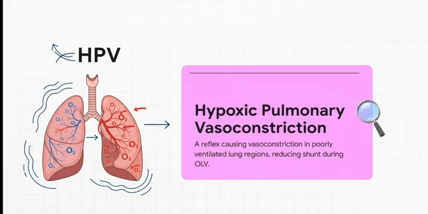This is a unique and absolutely vital physiological reflex where the pulmonary arterioles constrict when they sense alveolar hypoxia. During one-lung ventilation, HPV in that collapsed, non-ventilated lung shunts blood flow over to the dependent ventilated lung. This actively reduces the shunt fraction and is the body's main defense against profound hypoxemia in this setting.